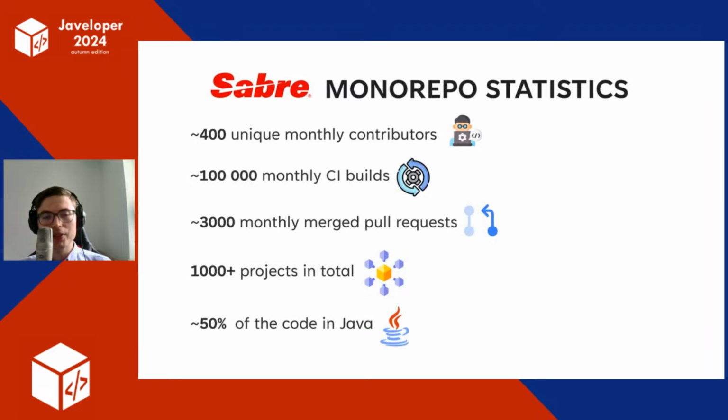So things like HTTP services, gRPC services, UI components, common libraries, and so on. An interesting fact is that it is very Java focused, because around 50% of the code there is written in Java. So I will also try to share some experiences of how it goes with developing such a Java focused monorepo.